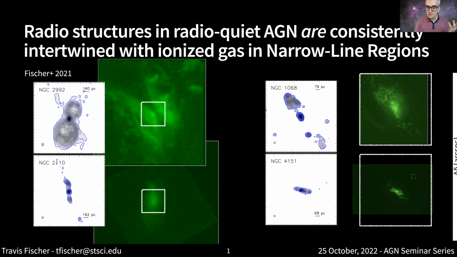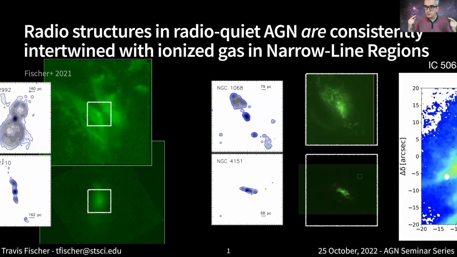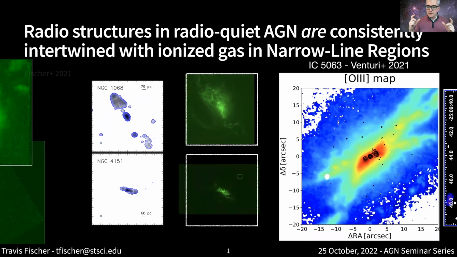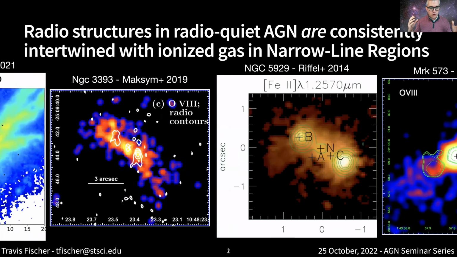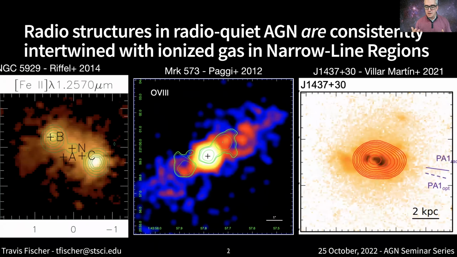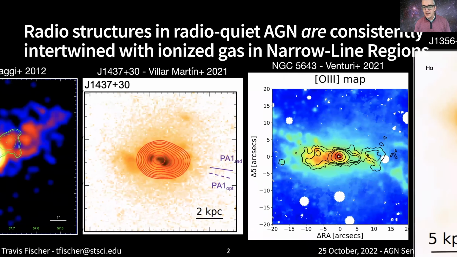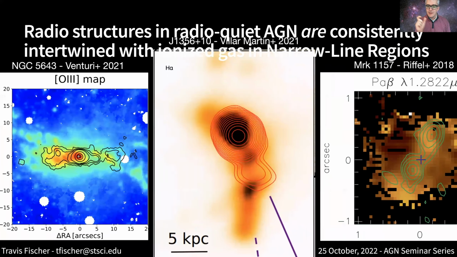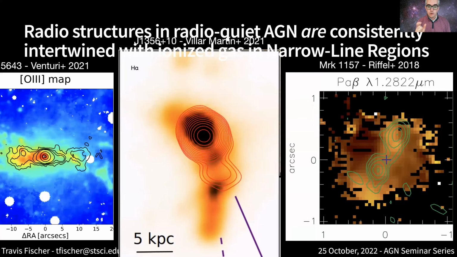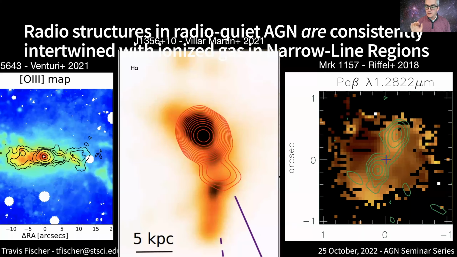And it's not just for this simple sample. If you look through any other papers, you're going to often see an extended ionized gas structure in some sort of ionized state in iron 2, O3, O5, sulfur 3, and you're always going to have H alpha, with the radio structure aligned with the bright ionized gas that you're seeing in these host galaxies.